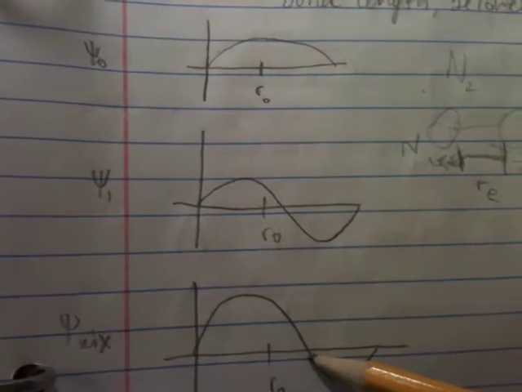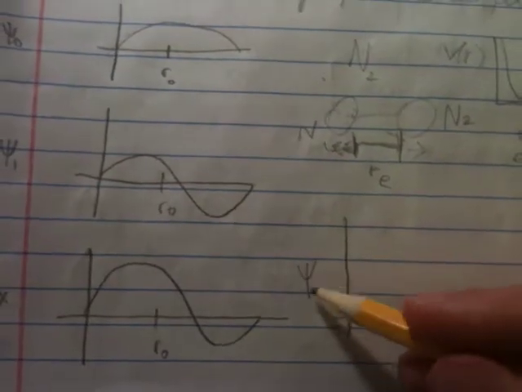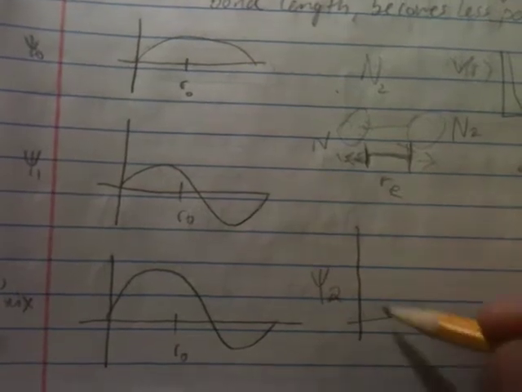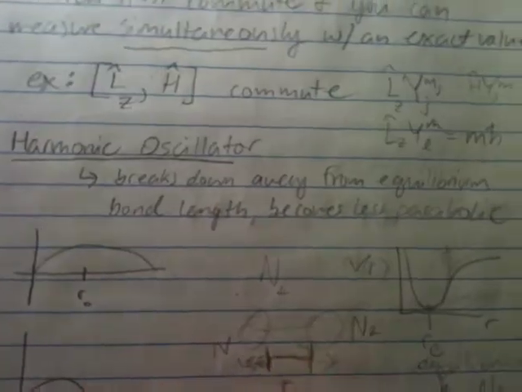So you actually get a smaller hump here. If I remember correctly, the psi 2 of n equals 2, I think you actually have this has 2 nodes, something like that. All right, so that's the harmonic oscillator.